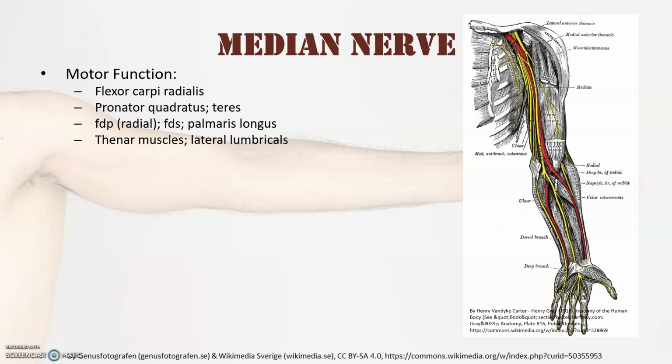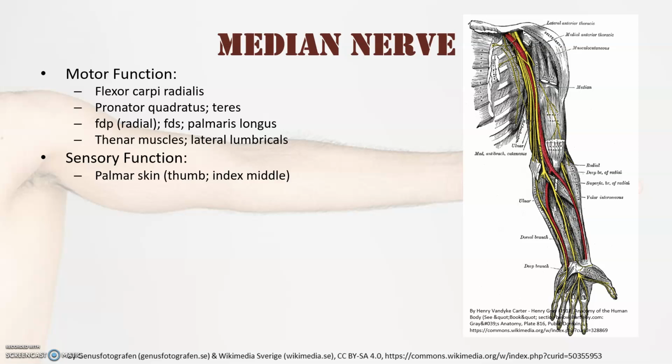It also supplies the muscles of the thenar eminence, or the thenar muscles, which does not include adductor pollicis. So it supplies the other thenar muscles, flexor pollicis brevis, opponens pollicis. It also, as we said, supplies the lateral lumbricals.